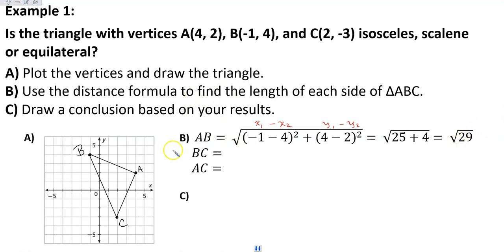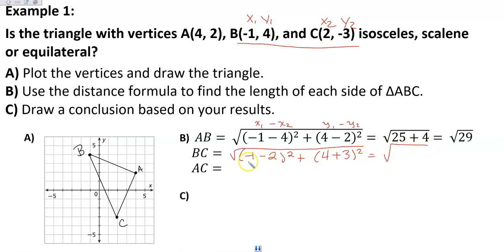Okay, so let's take a look at BC. If we do x1 here, y1 here, x2 and y2, we're going to do the square root of -1 minus 2 quantity squared plus 4 minus a -3 quantity squared.